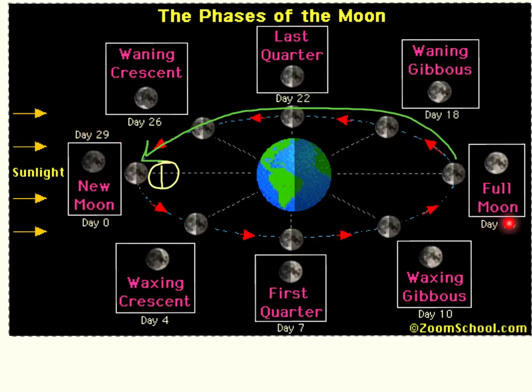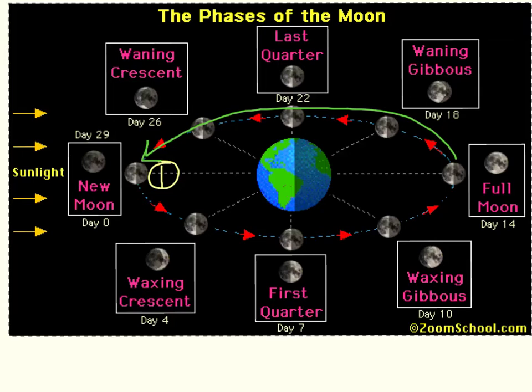Closest to the full moon are the gibbous moons. This moon right here is a gibbous moon. Because it's on the portion of the cycle that's getting smaller, it is a waning gibbous moon.